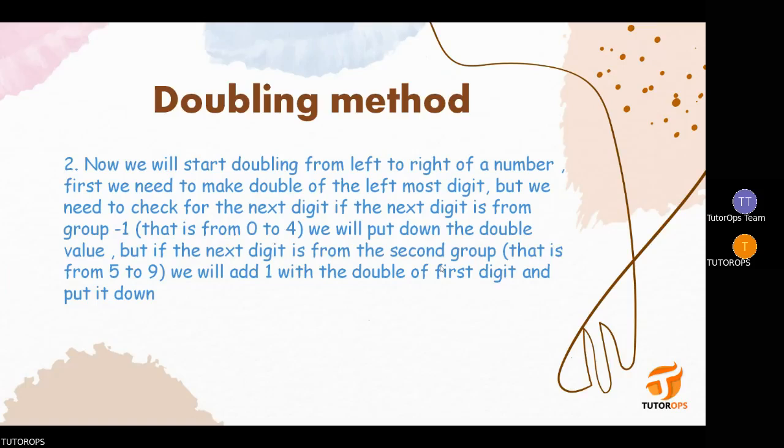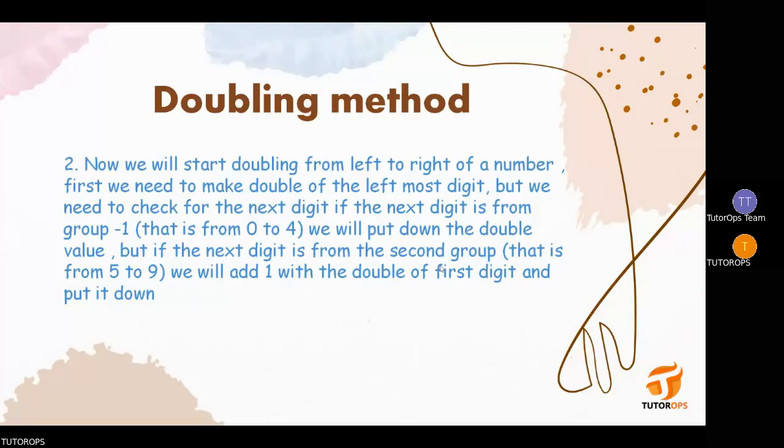If the next digit is from group 1, that is 0 to 4, we will put down the double value of the first digit directly. But if the next digit is from the second group, that is from 5 to 9, we will add 1 to the double of the first digit. Then we will continue the similar process for the next digits also.